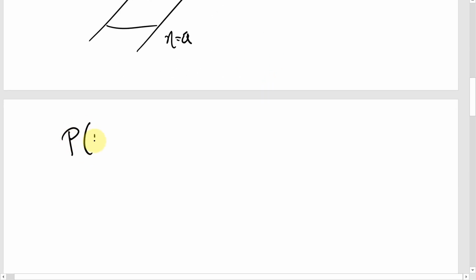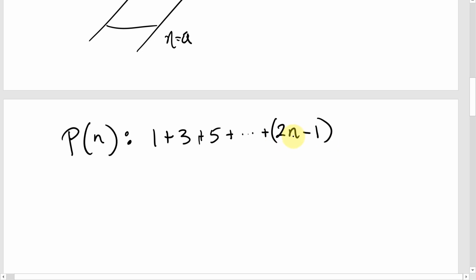We could state the formula as a predicate like this: the sum of the first n odds. We're using 2n minus 1 so that when we plug in, for example, n equal to 1, the first term in our sum is 1 when there's one term.